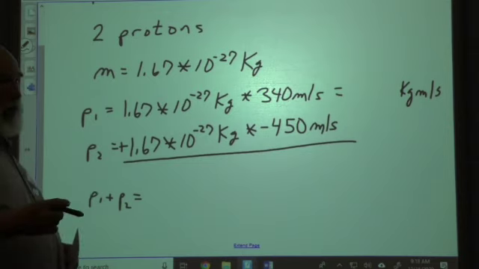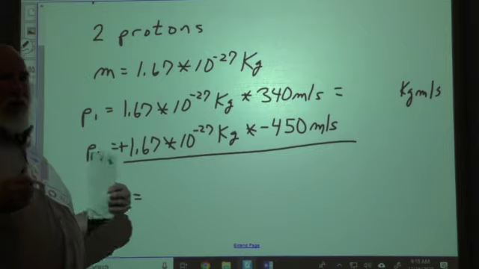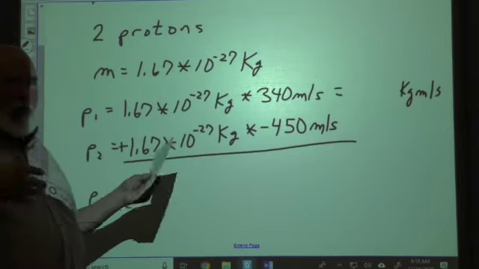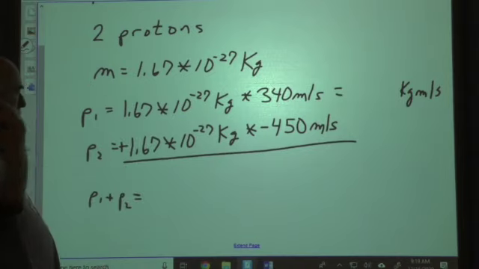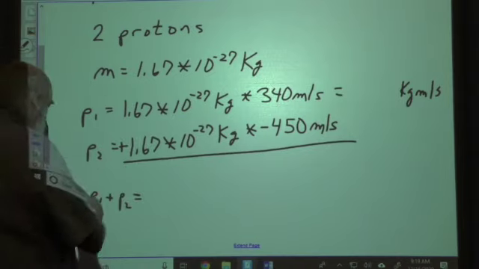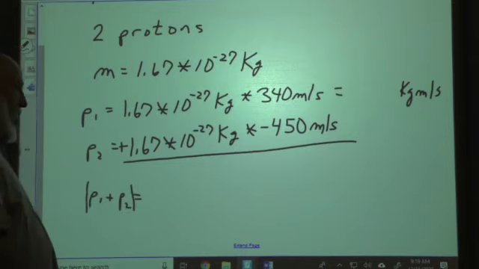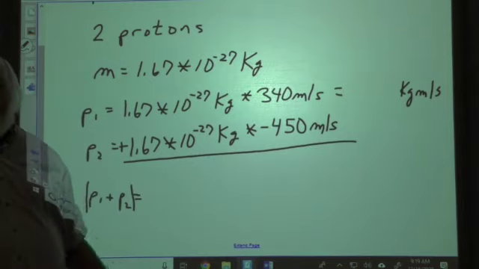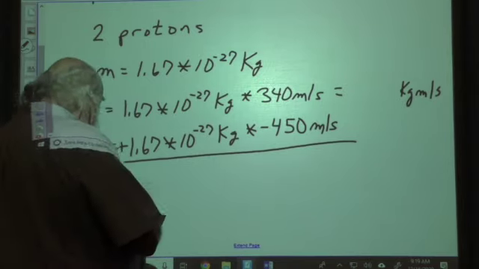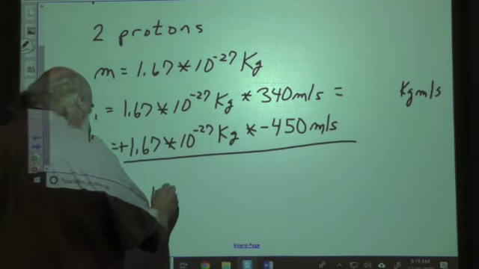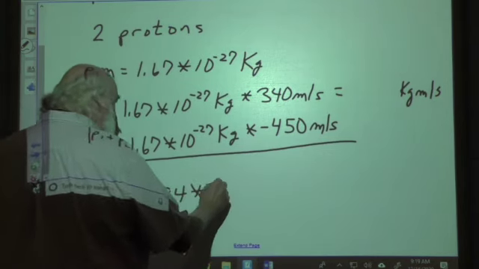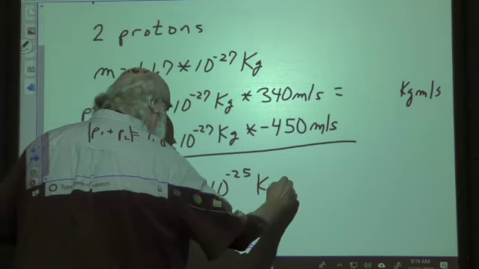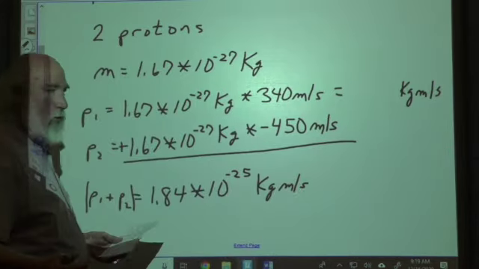But because there is no specifics as to which one is truly positive and one is truly negative, we're not given the context of east, west, north, south, anything like that, we can't really put a negative answer on this. So we're going to take the absolute value of this. Whatever answer we get, we're going to put as a positive value right here. Okay? And when I punch that out in my calculator, I get 1.84 times 10 to the negative 25th kilogram meters per second.